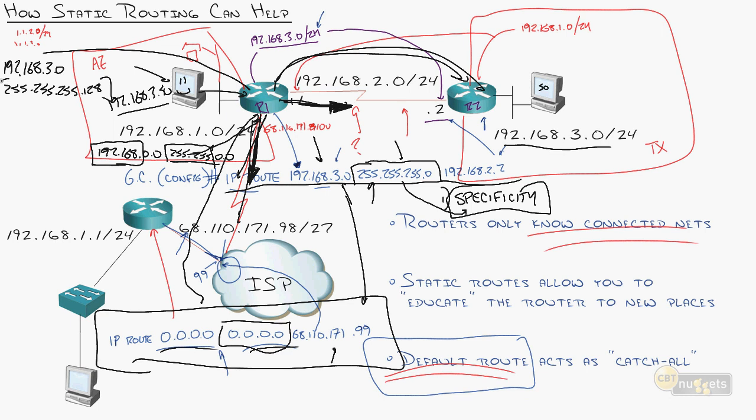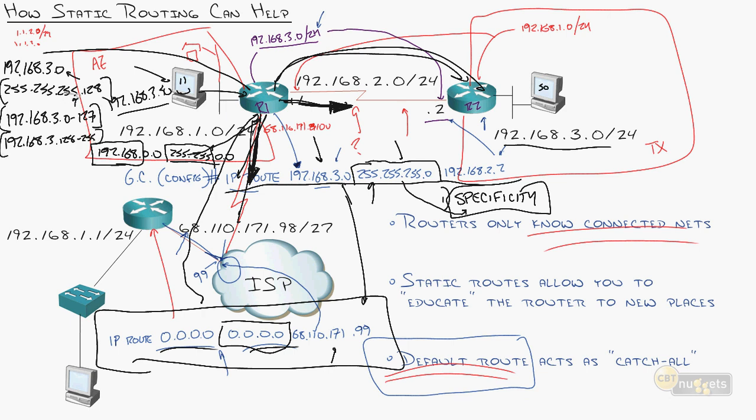Think back to your subnetting skills. What does that do? That actually cuts this network in half. You have two networks then. 192.168.3.0 through 127 is network 1, and 192.168.3.128 through 255 becomes network 2. That's what that subnet mask does.